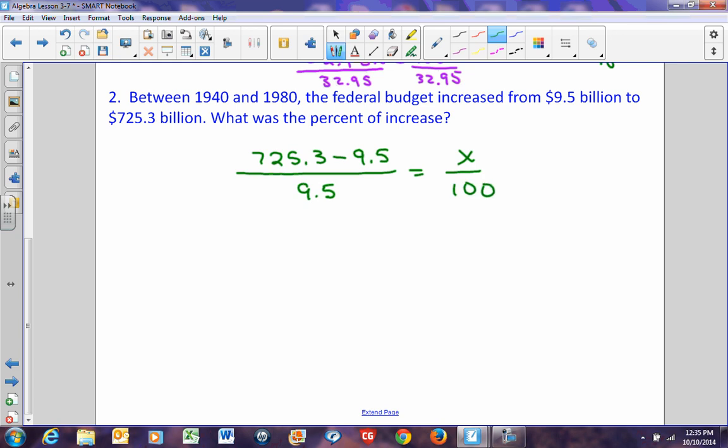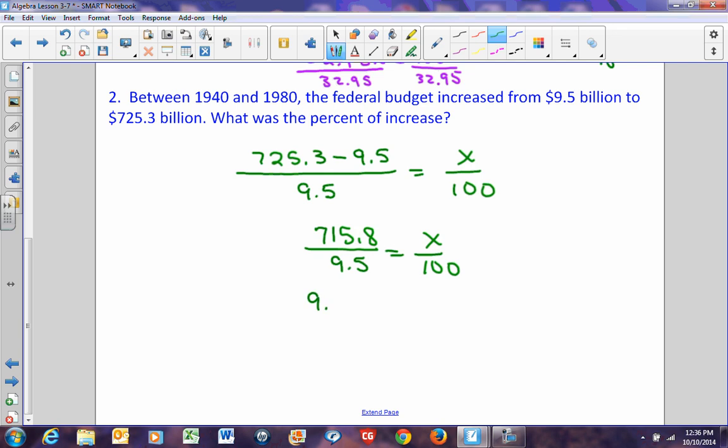So if we take 725.3 and subtract 9.5, you are going to get 715.8. So 715.8 over 9.5 equals x over 100.